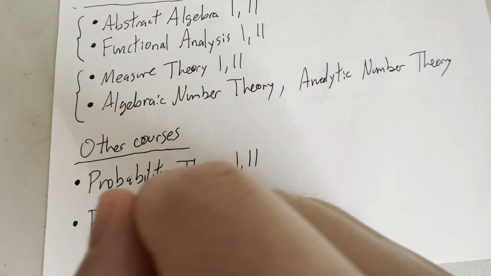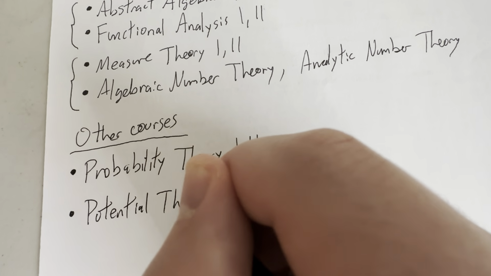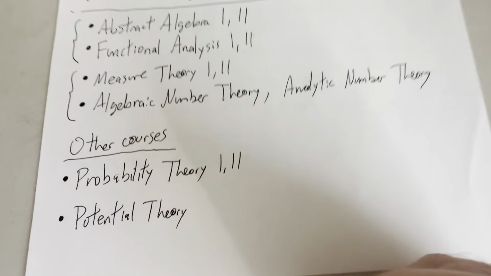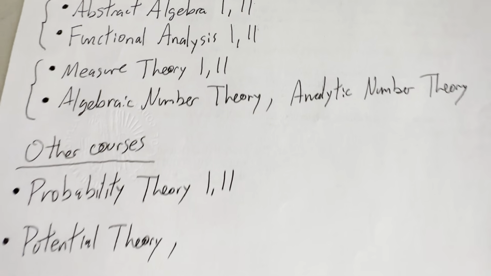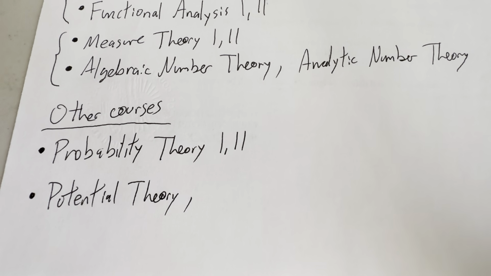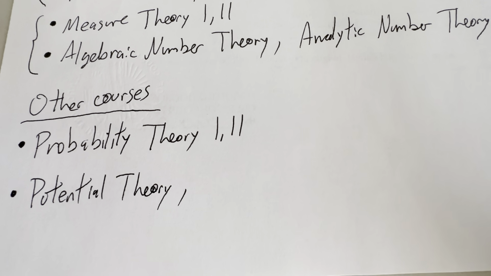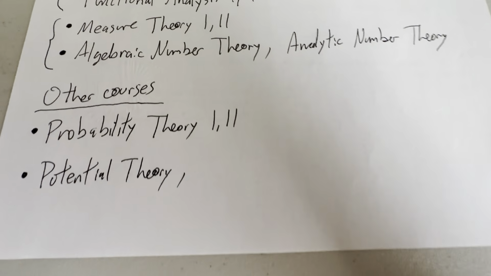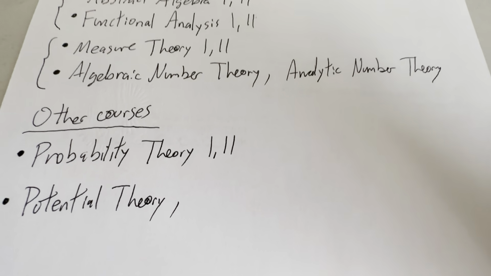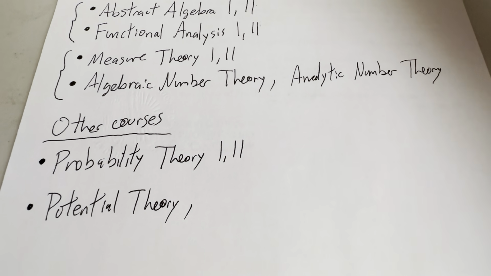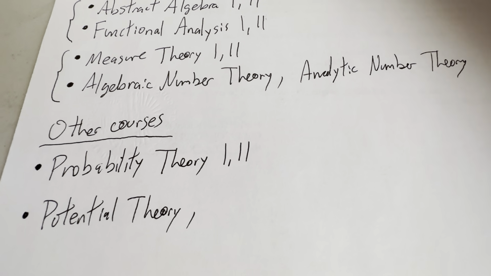There's a course in potential theory that I took that I thought was pretty interesting. It's like an extension of complex analysis. I'm trying to stay away from the applied math courses because I haven't taken those classes, so I can't really recommend anything.